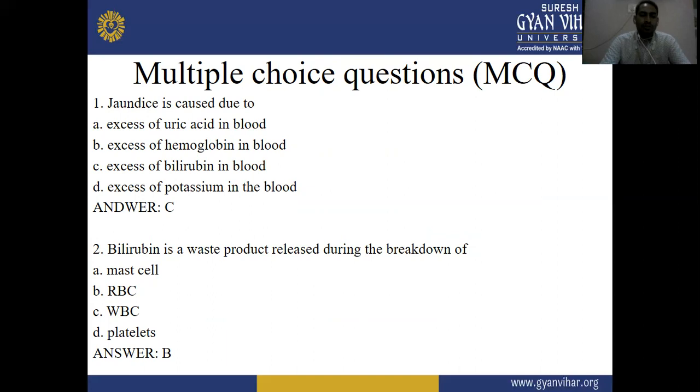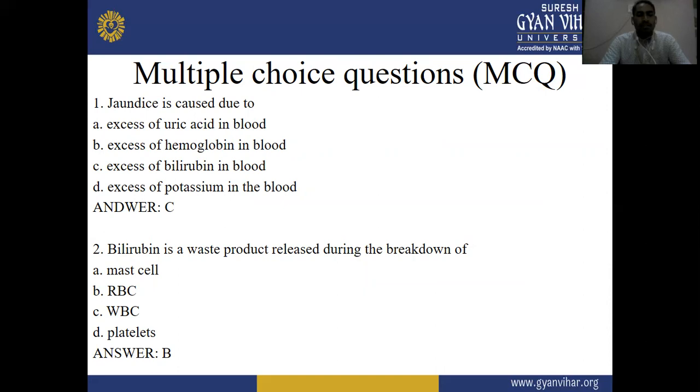Next question: bilirubin is a waste product released during the breakdown of: option A, mast cells; option B, RBC; option C, white blood cells, WBC; and option D, platelets.